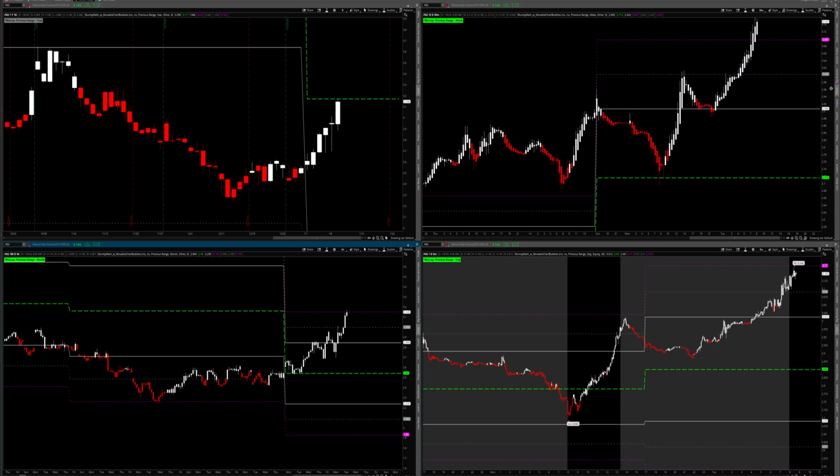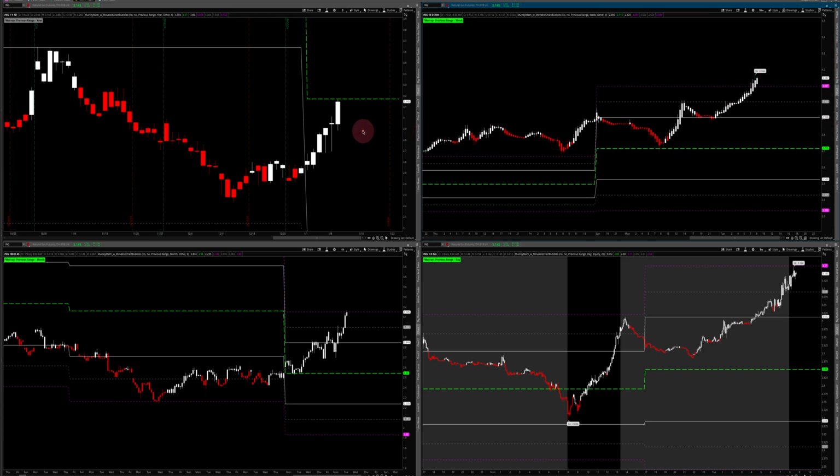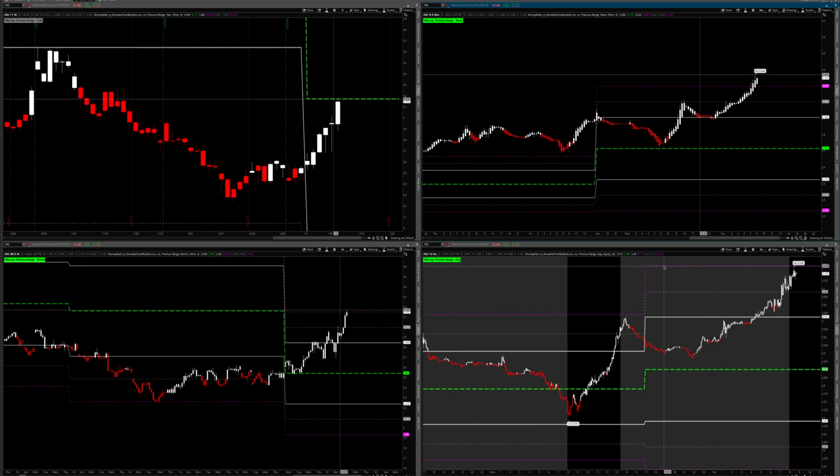On the weekly, we already hit our target of 309, and it's even pushing higher. There's nothing else above from here. The bigger levels would be these levels up here and this one. And on our daily, we already hit our target of 317. That's the key level, 317 today.